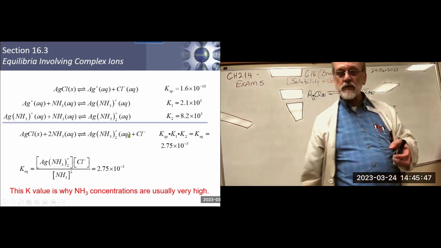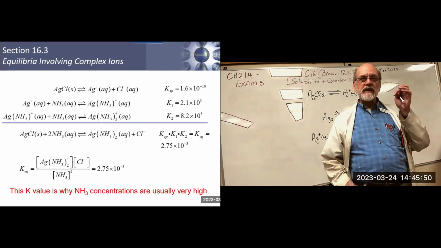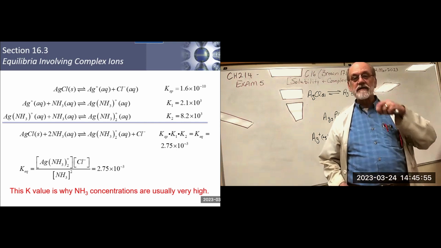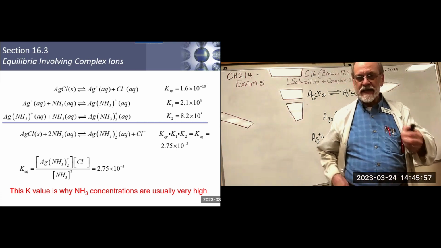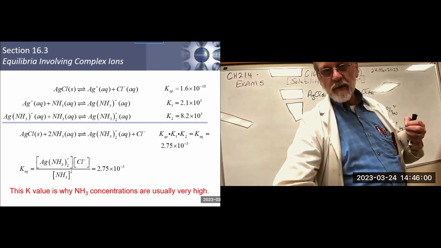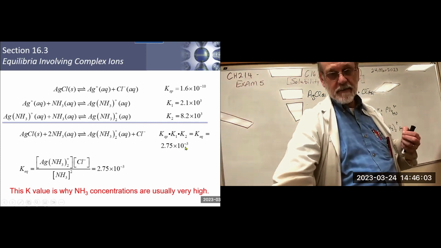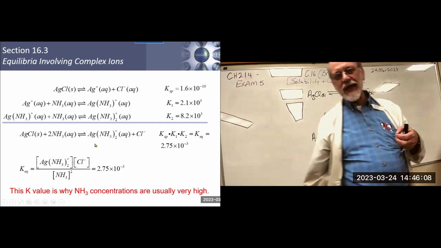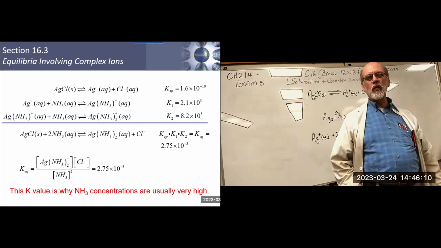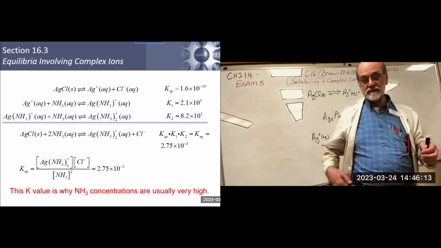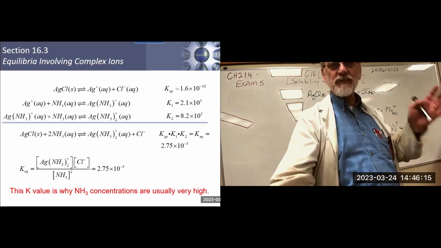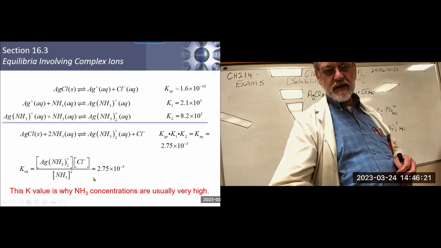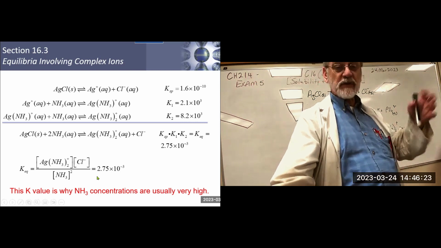We want the solubility to be high, even though the equilibrium constant is still kind of low. So in order to do that, we have to add lots of ammonia. So we'll add, I think, maybe 1 or 2 molar ammonia, very high, so high you can smell it. And that will increase the solubility of silver to an acceptable level.